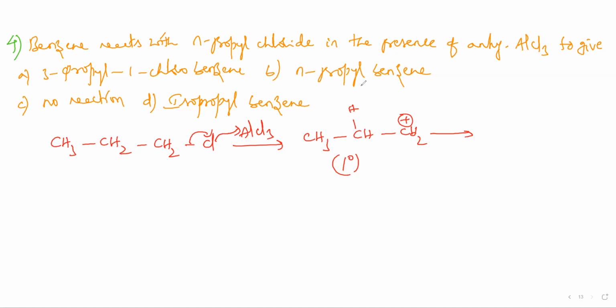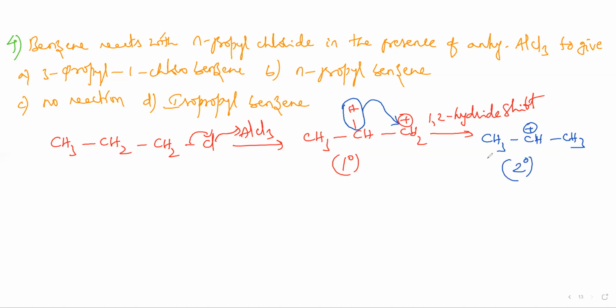In order to get a more stable carbocation, a 1,2 hydride shift takes place. The hydride shifts to this carbon, so you get CH3CH plus CH3, a secondary carbocation.